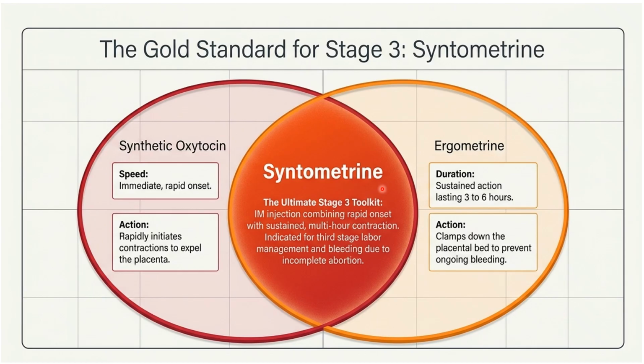So the idea is to have immediate and rapid onset of rhythmic contractions by oxytocin, which makes the first stage of labor rapid until the expulsion of the placenta, while ergometrine causes a sustained type of contraction lasting for up to 6 hours, and it acts as a clamp down on the placental bed, preventing any bleeding or postpartum hemorrhage. So the combination of both is called syntometrine.